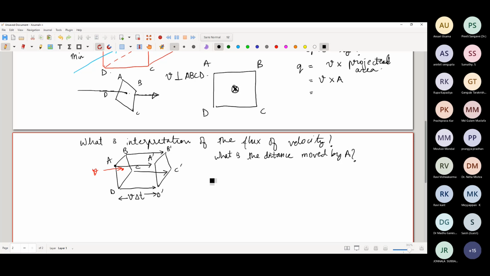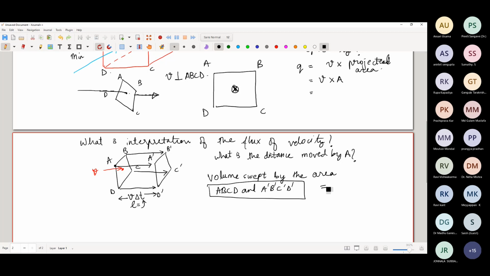So now what is the volume swept by the area? Essentially we are asking what is the volume between A, B, C, D and A prime, B prime, C prime, D prime. We know that this length is equal to V delta t. So what will be the volume?